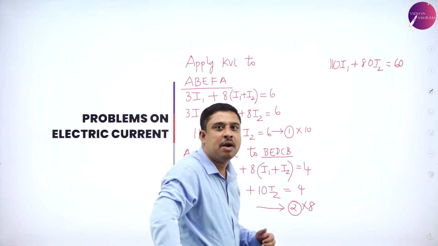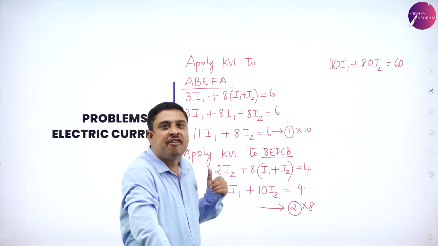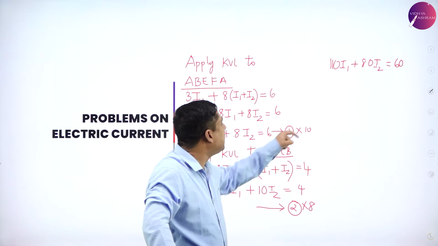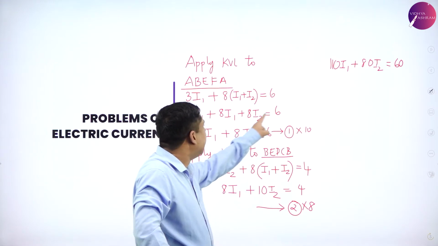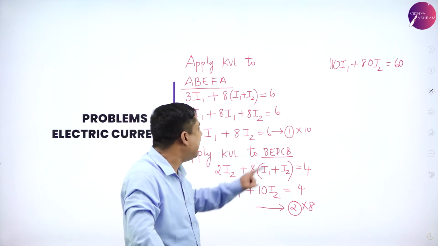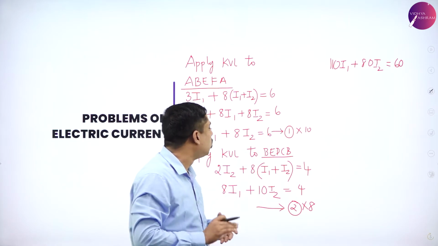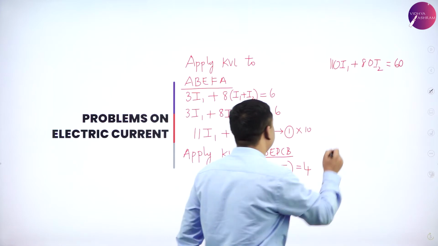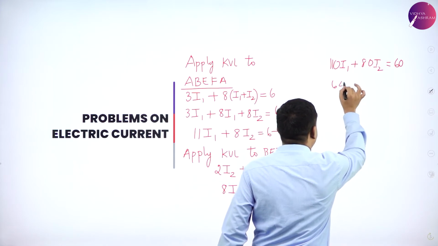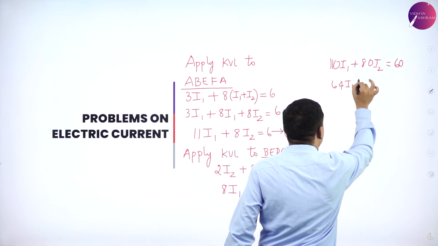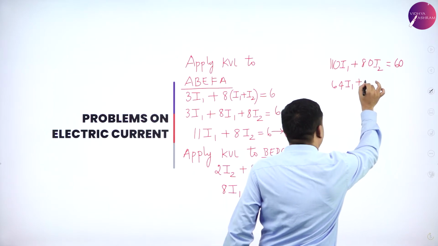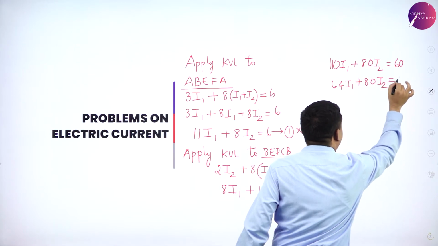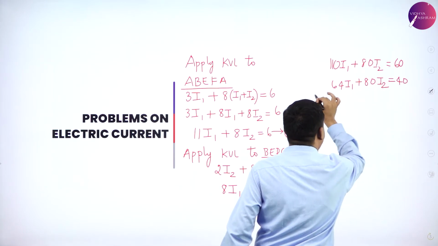I have just multiplied the first equation by 10. 11 into 10, 110. 8 into 10, 80. 6 into 10, 60. Multiply this with 8. So 64 I1 plus 80 I2 is equal to 40.